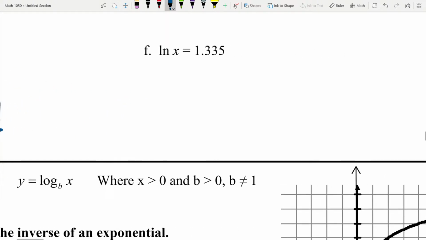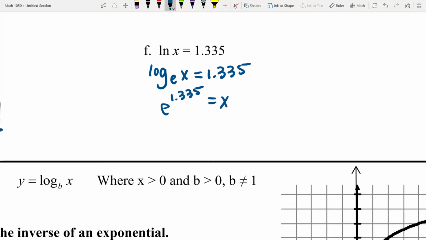This guy right here, ln is log base E. So I want everybody to write log base E of x equals 1.335. All I did is replace ln with log base E because they are exactly the same thing. Now I'm stuck, so I'm going to convert it. So it's E to the 1.335 is equal to x.